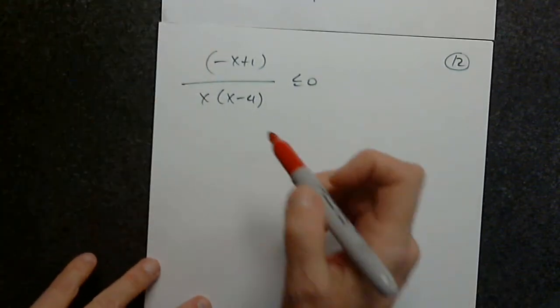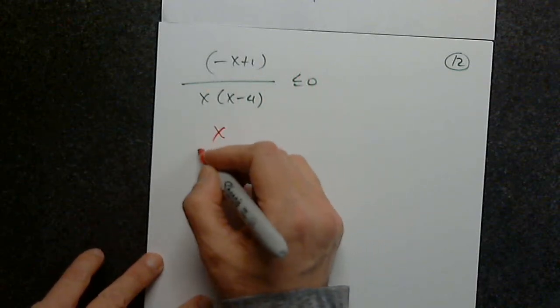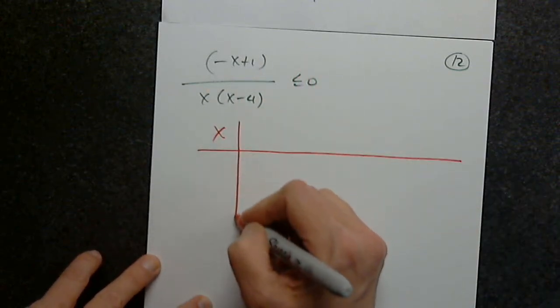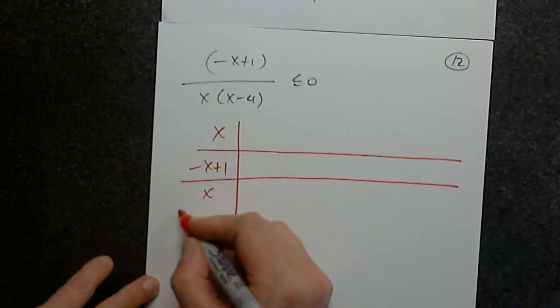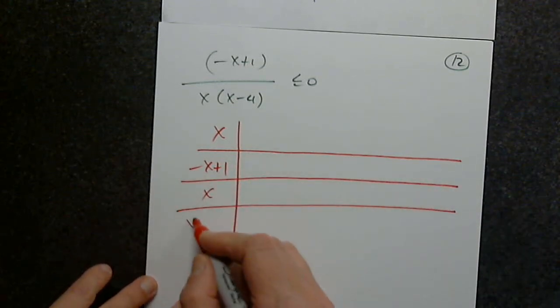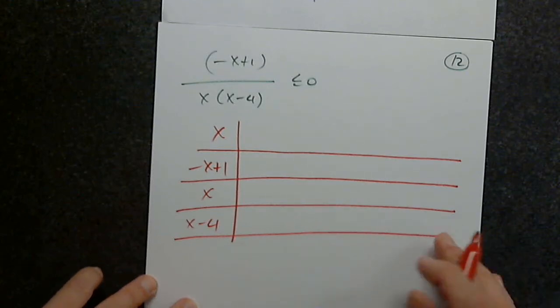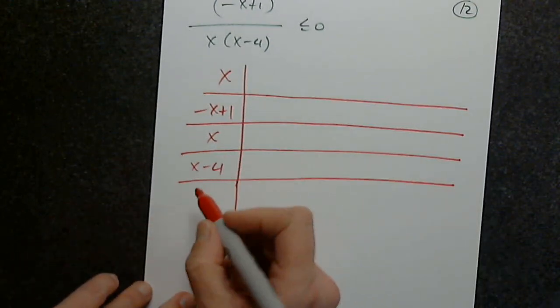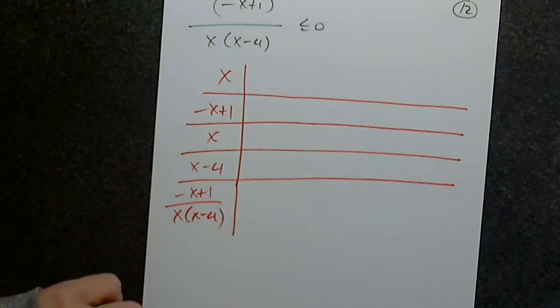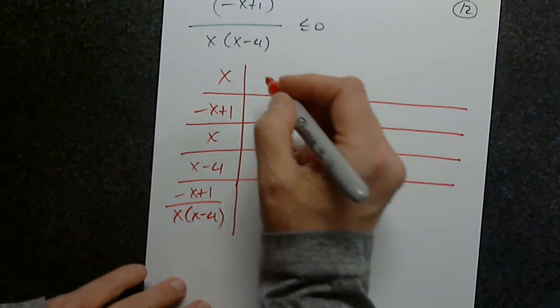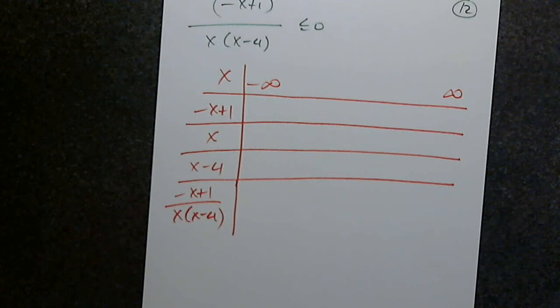Okay, so they're all factored. X is the variable in the problem. Negative x plus 1 is the factor from the top. X minus 4 is a factor from the denominator. But what I'm really interested in is the whole thing. The variable in the problem goes from negative infinity to positive infinity.